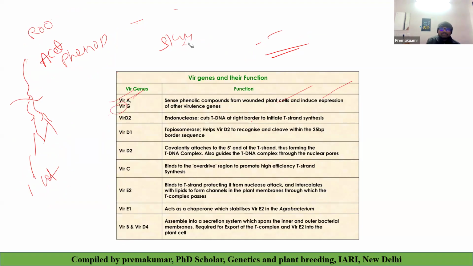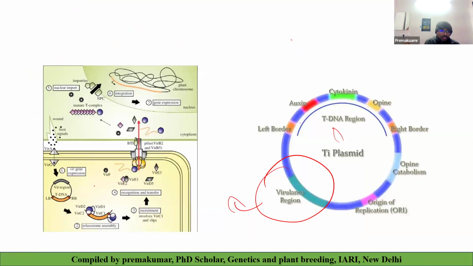After stimulation of VirA, what happens? It passes the information to VirG. VirG is constitutively expressed and will activate all other Vir genes. Then soon after, there will be expression of VirD1 and VirD2.